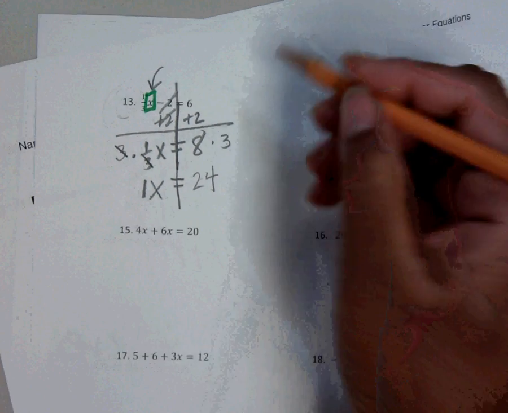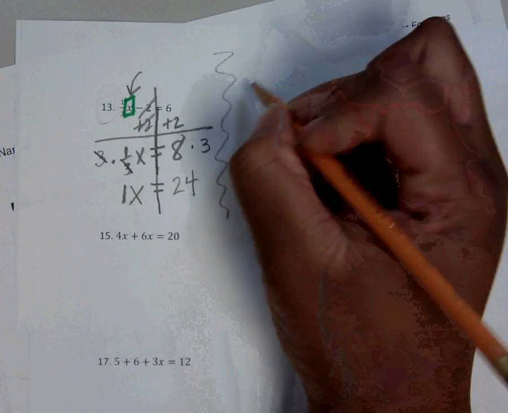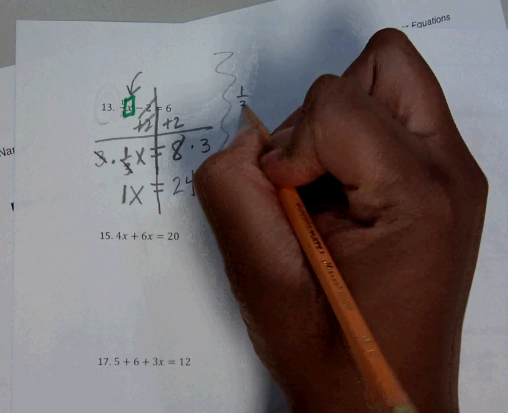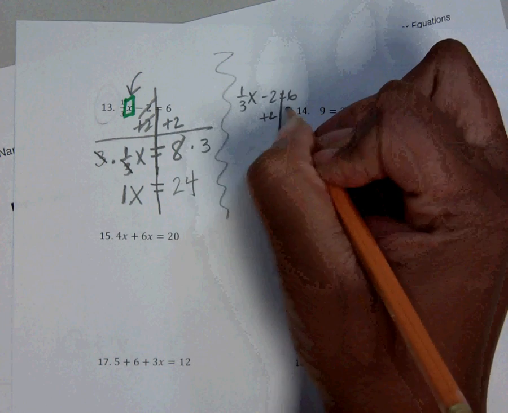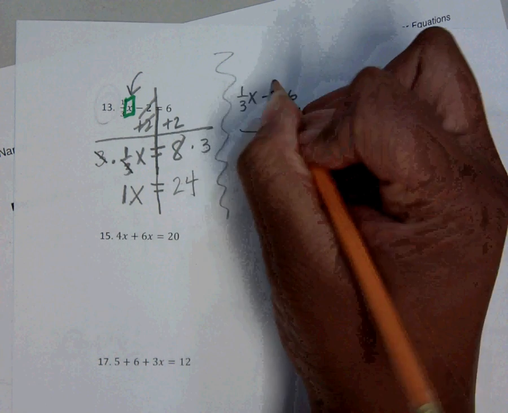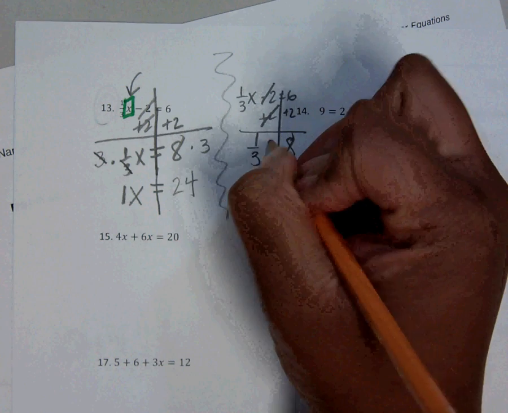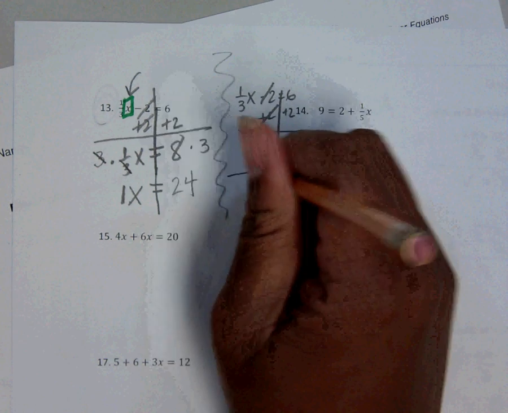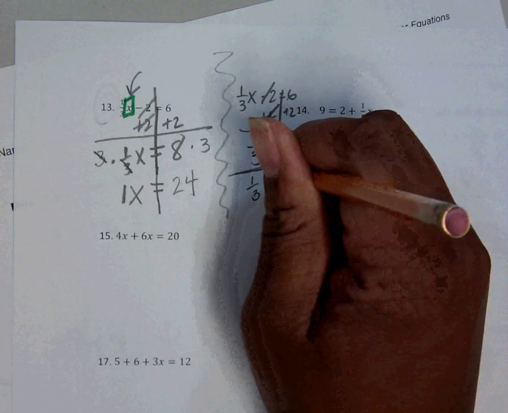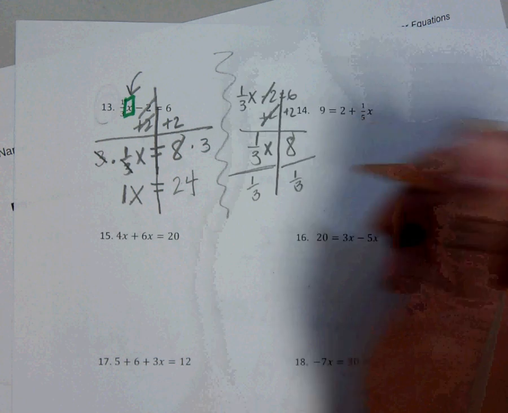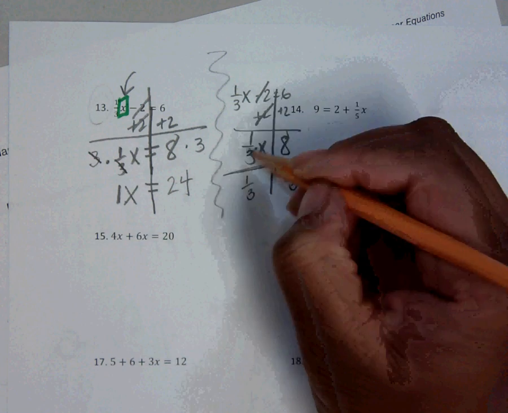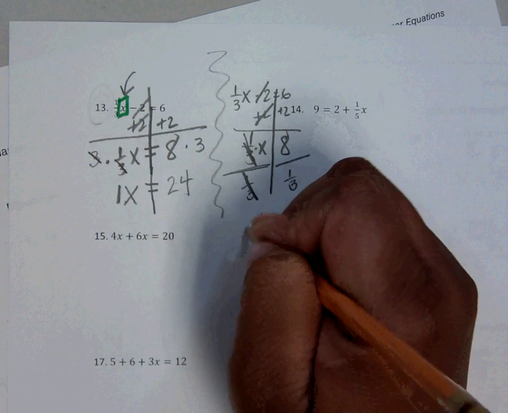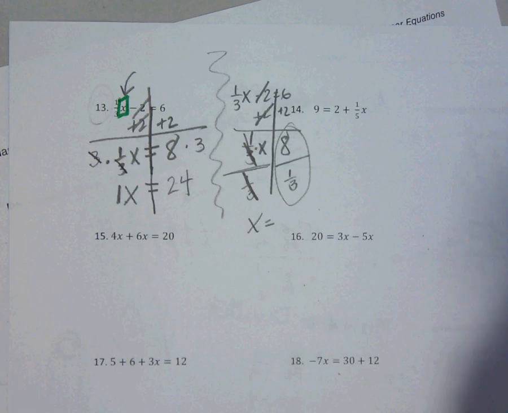Now, I want to show you one more way to do that problem. Because you can also say 1/3 x minus 2 equals 6. Plus 2, that's 8. Cancel, cancel. You could also say all of this divided by 1/3, because this is multiplied to x. Cancel, cancel. So x equals, now that's ugly, isn't it?